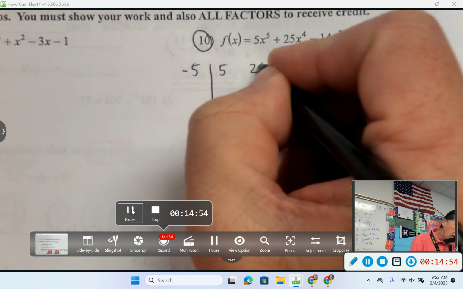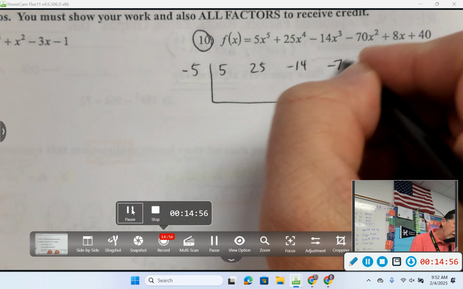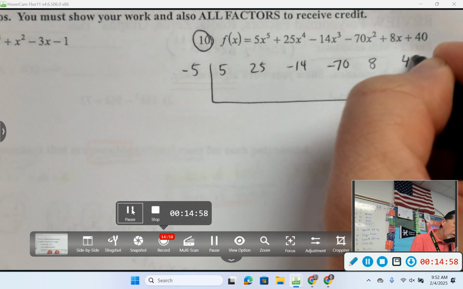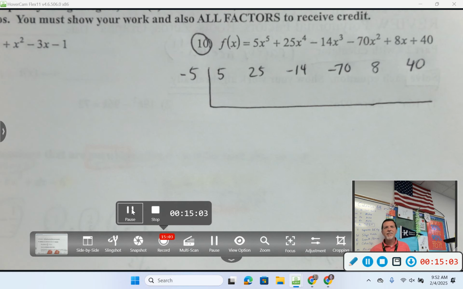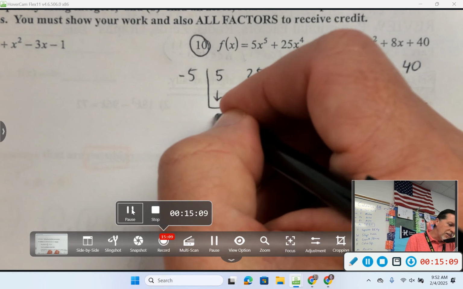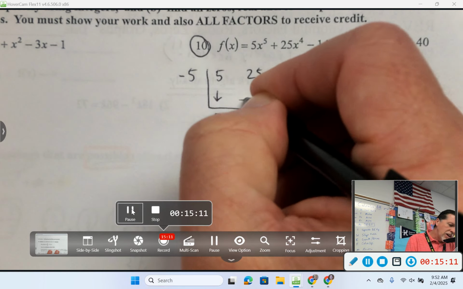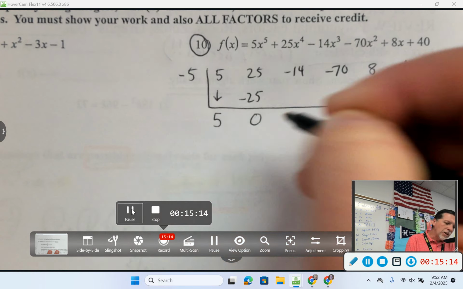and then I will synthetic divide. What should I get for a remainder if negative 5 is really a 0? What should my remainder be? 0. So this should work, but the point of this isn't to show that negative 5 works. The point is to get an easier polynomial to deal with.